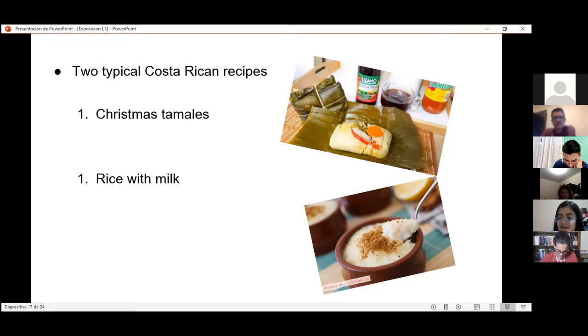How is the preparation of Costa Rican food for you? Easy, difficult, I don't know.